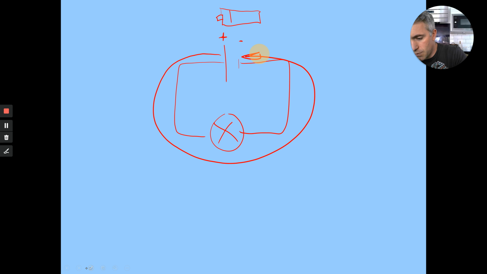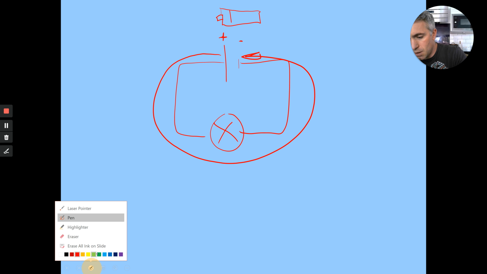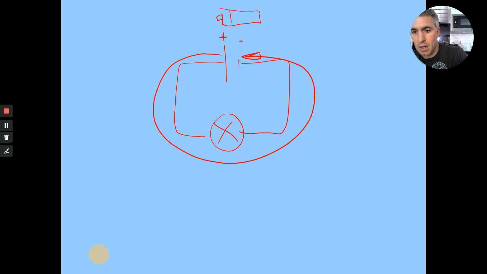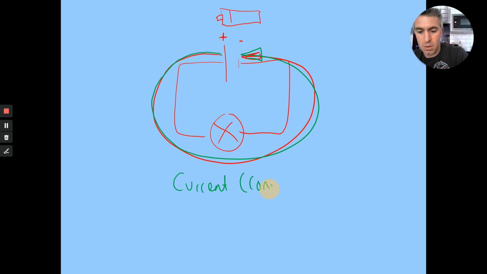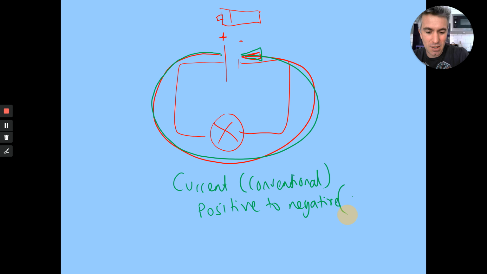Do that in green. Current, in brackets conventional, goes from positive to negative, and is technically wrong, but they always use it.